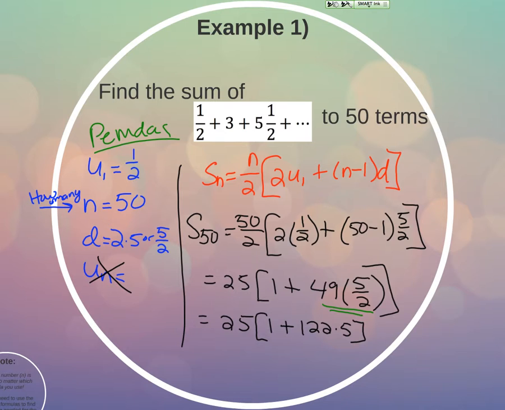Make sure you're multiplying that out before you're adding. Now I can add up what's in that bracket. So 25 times 123.5. So the sum of my first 50 terms here is 3,087.5.